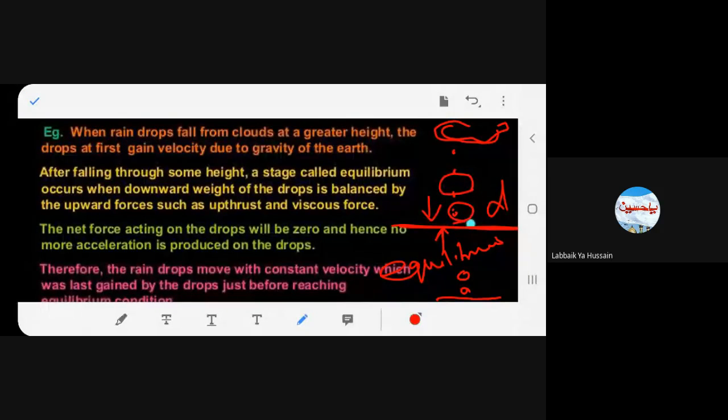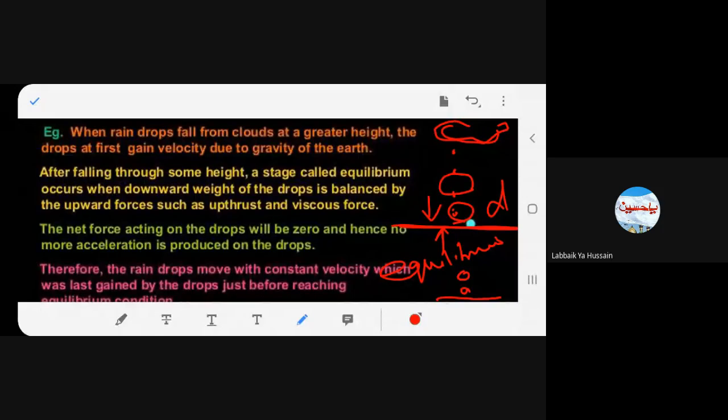It is pushing the drop upwards. And the density. What is the meaning of density? How thick the liquid is. That is density, mass per volume, you know that. So what stage is reached? Equilibrium stage is reached. Understood now? So it's all balanced force.